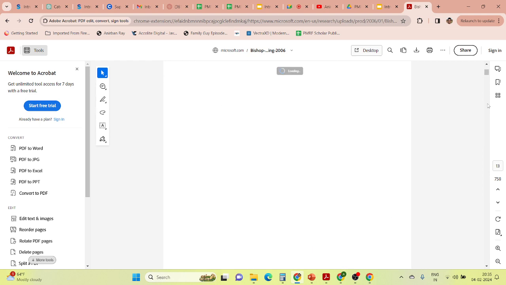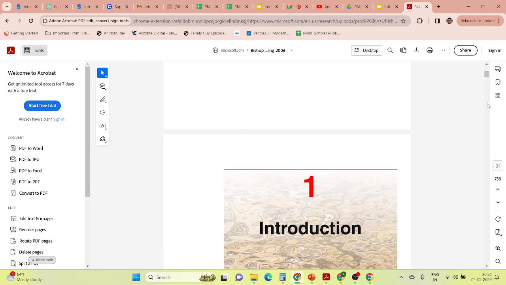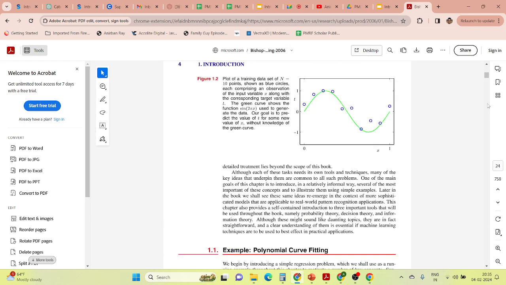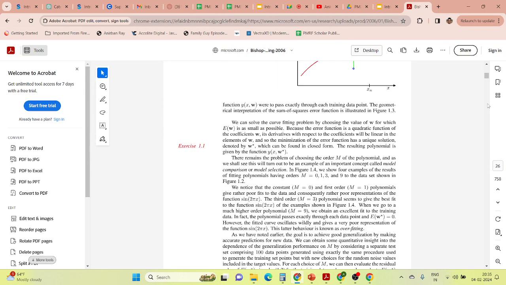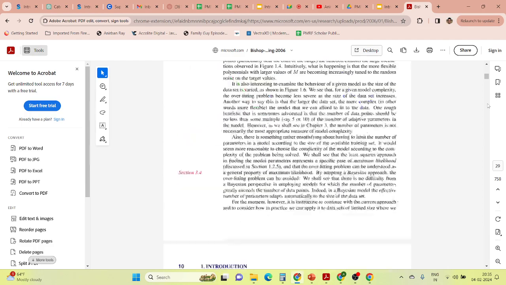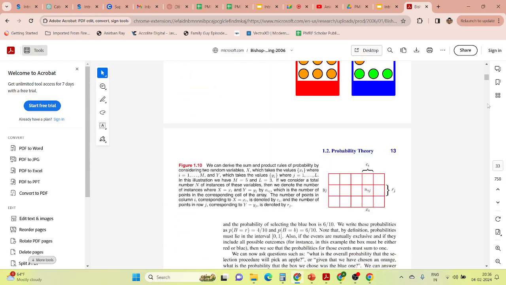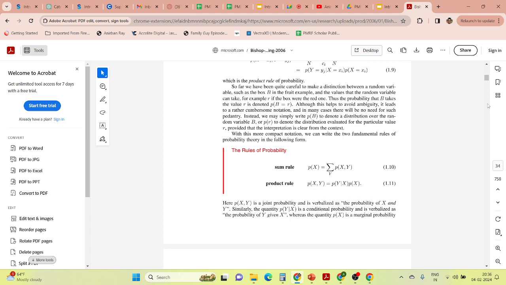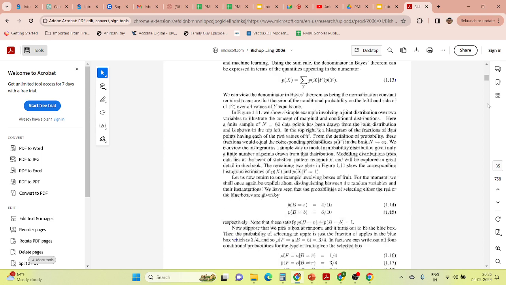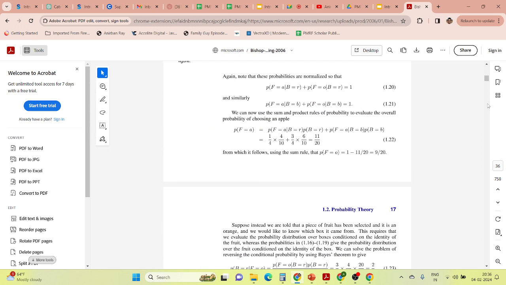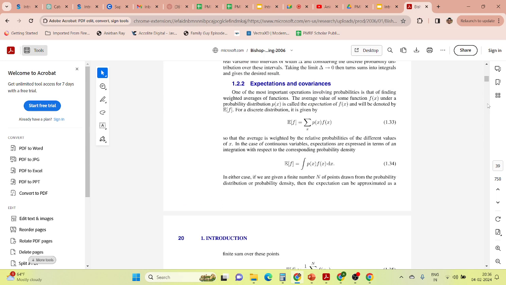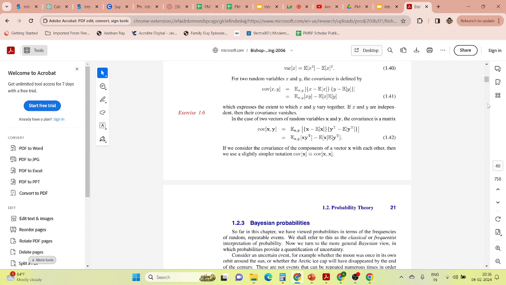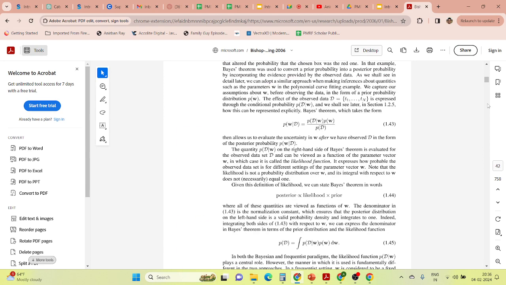It's the best book, but a very hard book, not easy actually. Maybe I will find some examples from here. You need to understand the probability part better, then it will become easier. Probability is also explained quite well here.